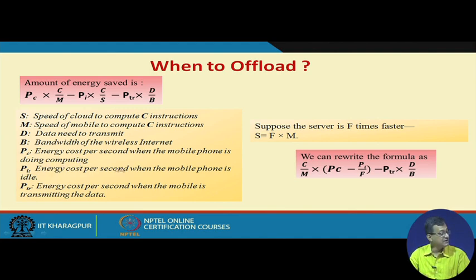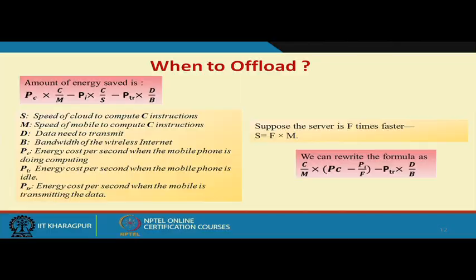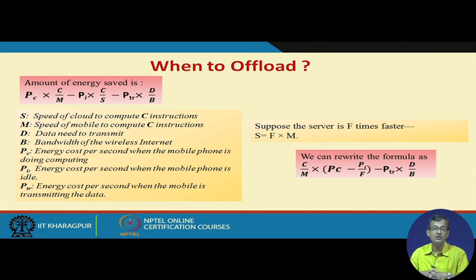Pi is the energy cost when the mobile phone is idle. PTR is the cost per second when the mobile phone is transmitting data. So, a mobile device can be either computing, idle, or transmitting data. These three components are PC, Pi and PTR.